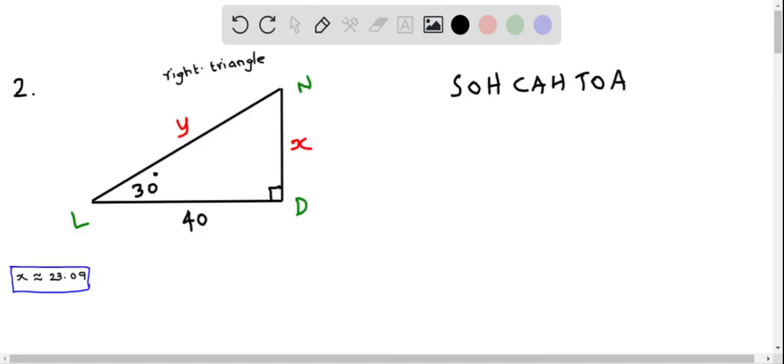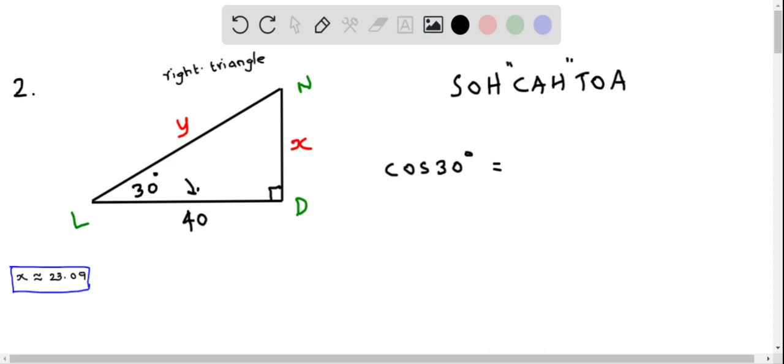Now let's see how to determine this unknown side length y. For this, we can either use the sine ratio or the cosine ratio. Here, I'm going to use the cosine ratio, that is using the CO in SOHCAHTOA. So I write down cosine of the angle 30 degrees, and this equals the adjacent side over hypotenuse.